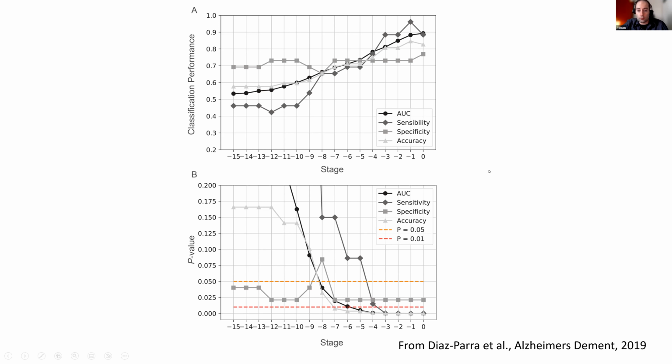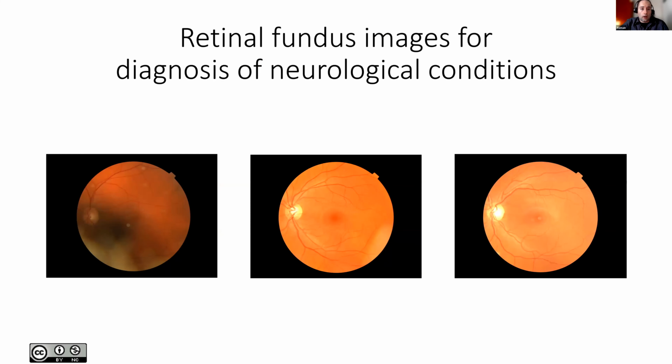And we published a paper exactly on this last year. So we also looked at function, and so one could use different data modalities. Now, this was about analyzing brain structure in order to diagnose Alzheimer's disease, but one can actually also look at other parts of the body, in particular the retina.